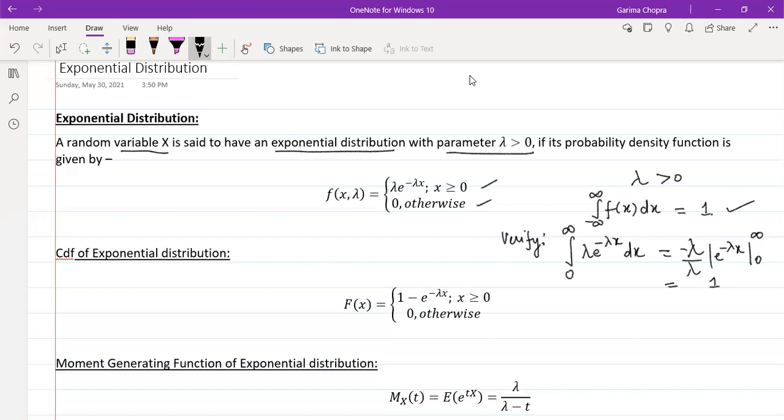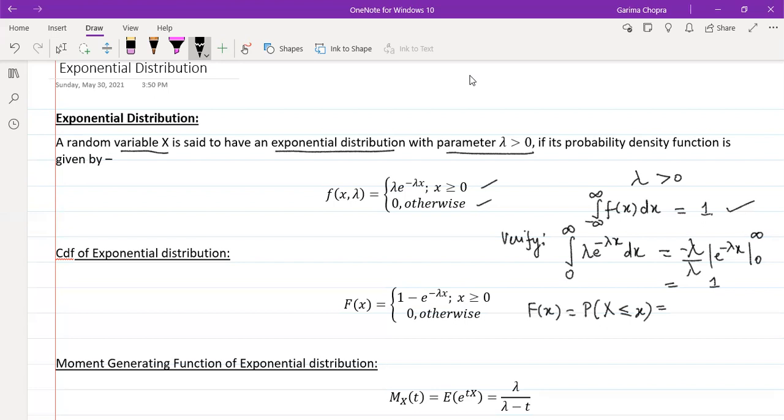Now, the CDF of the exponential distribution is given by this particular form. It can also be easily proved. What is the CDF? If you are finding the CDF at x, then it is the probability that the random variable X is less than or equal to x.